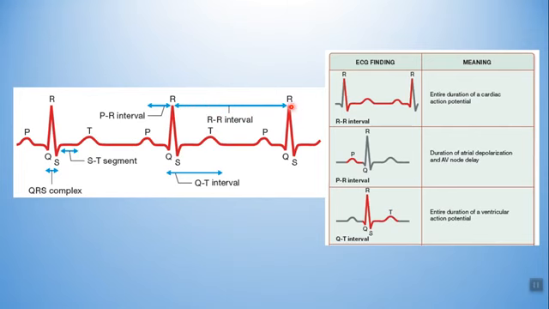This is where you are measuring the entire duration of an action potential that's occurring within the heart. And then you have something called a PR interval. This here is measuring the duration of the action potential as it's occurring within the atria, alongside that of the delay that's occurring within the AV node. That's the PR interval. And one remaining interval is the QT interval.